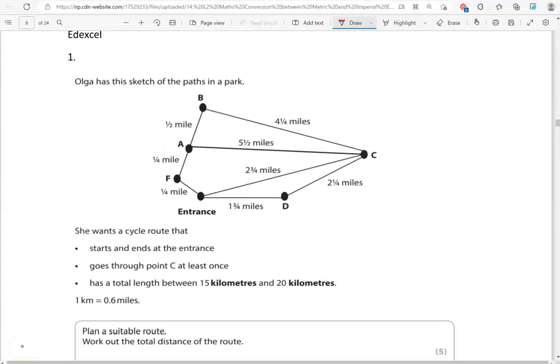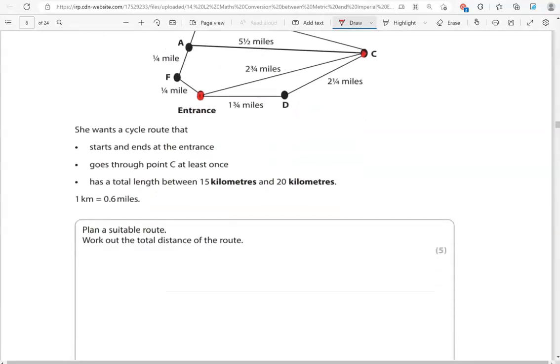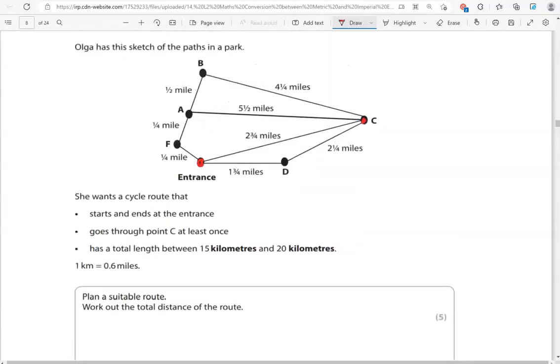So it needs to start and end at the entrance, which is here. Goes through point C at least once and has a total length between 15 and 20 kilometers. But we've got the distance between the points in miles.